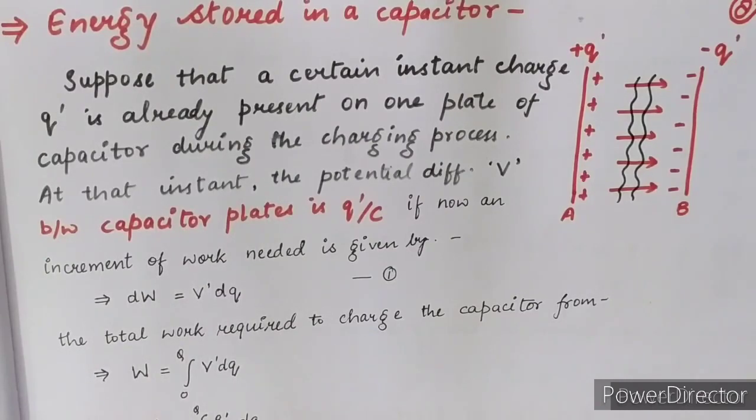As I told you in our previous classes also, whenever a question comes to calculate energy, you first have to calculate the work done. Afterwards you write one sentence that the amount of work done has been converted into energy, stored energy, meaning potential energy.